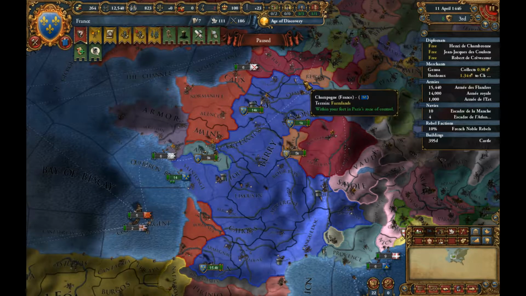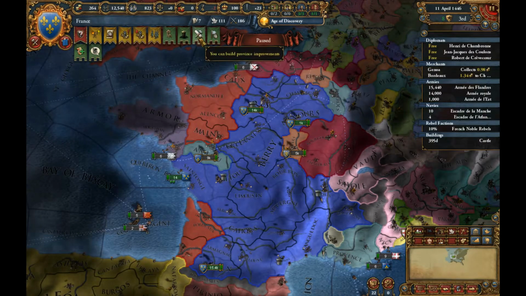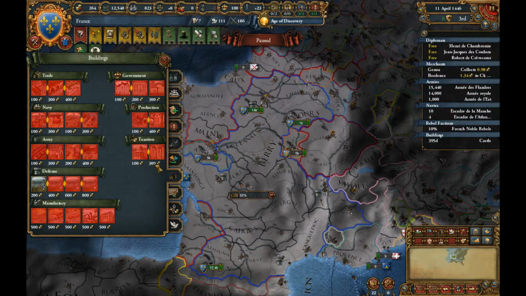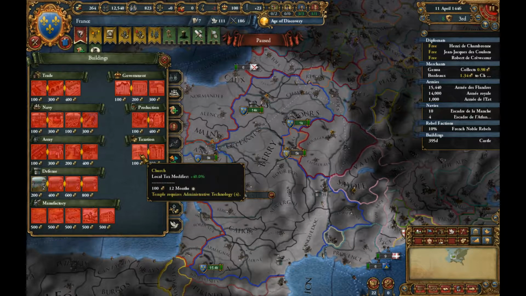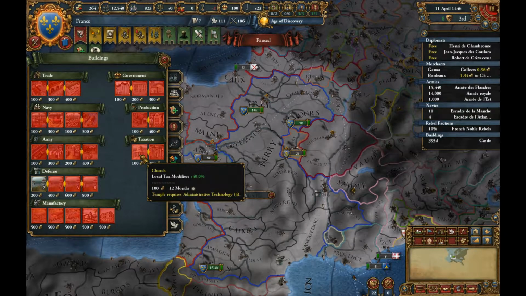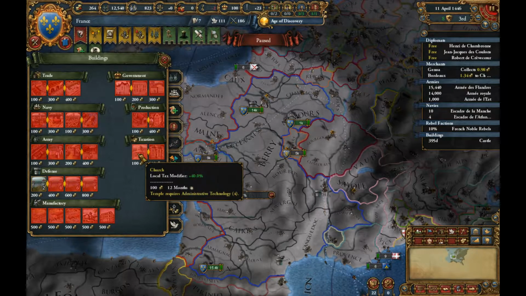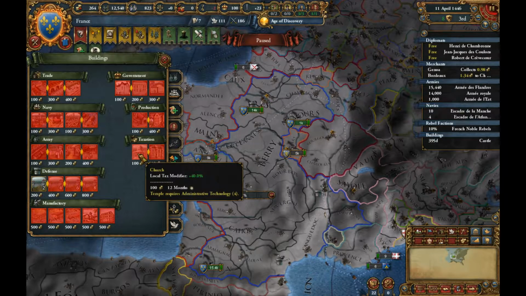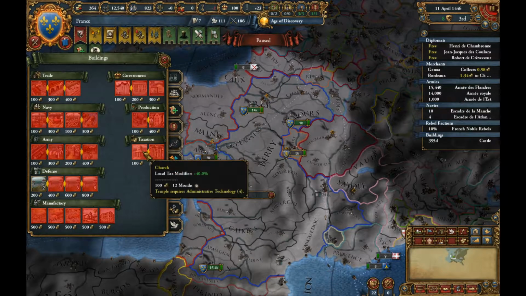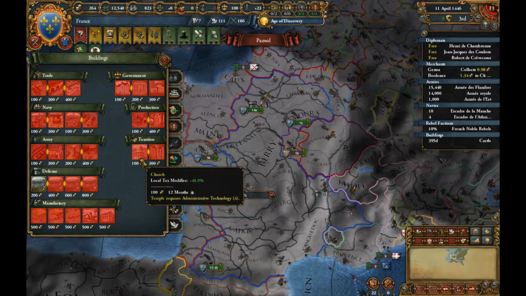Increase your development. The next thing you can do is build buildings which increase modifiers. For example, the church, which increases the local tax modifier. Now I have the problem that I don't have the right technology group to do this, so I cannot show you. It would be really good to prepare this before. But that's the first point.